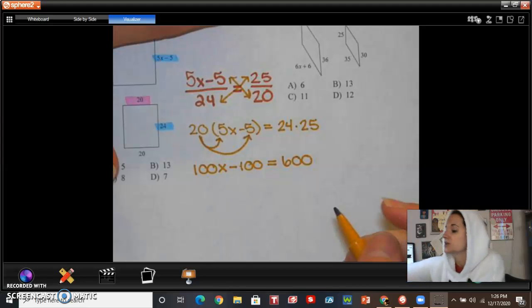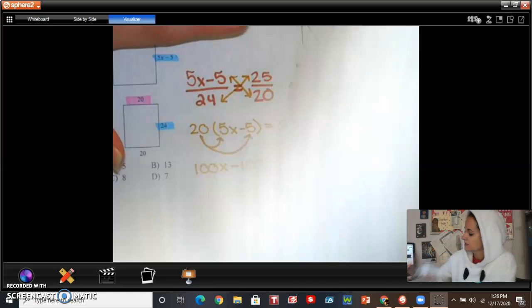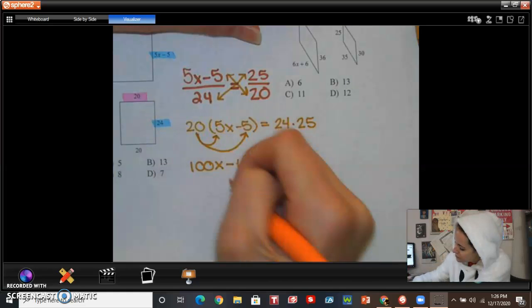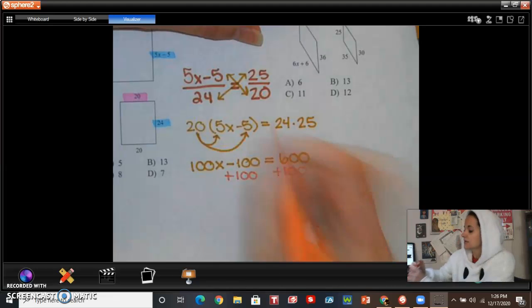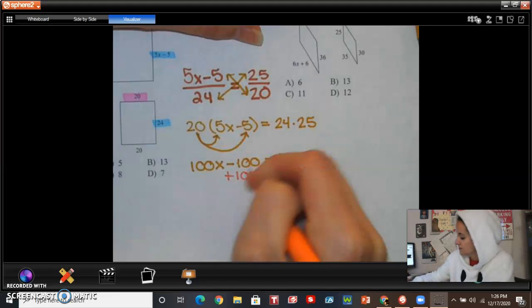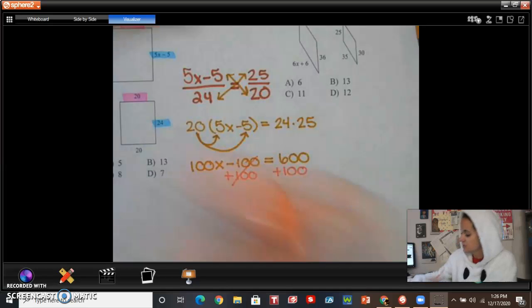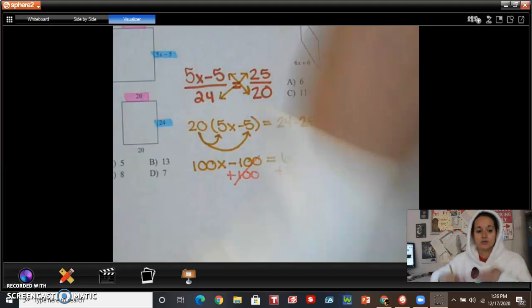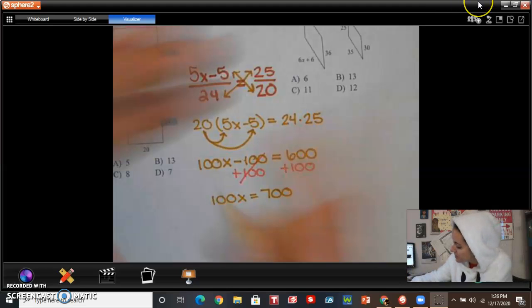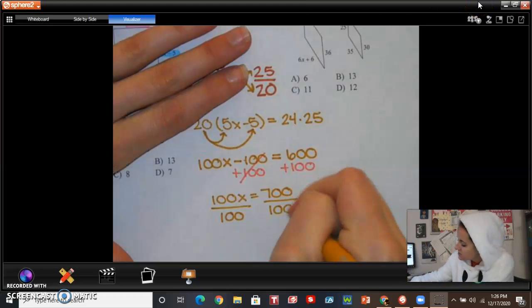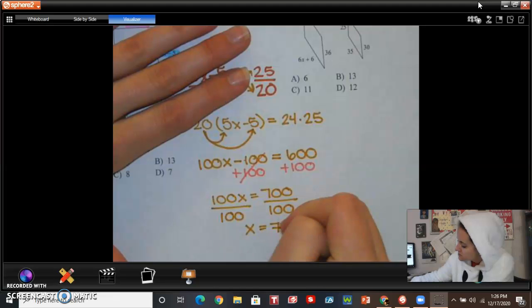I do that by doing the opposite: I'm going to add 100. That leaves us with 100x equals 700. And just like before, if you have a number written right next to x, you solve it by dividing by 100, and we get x equals 7.